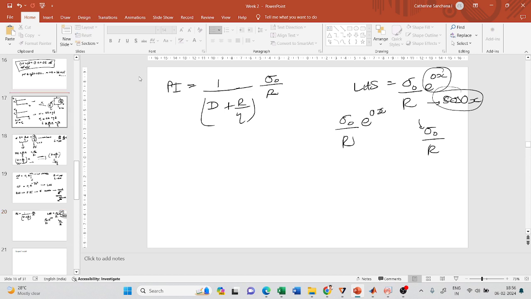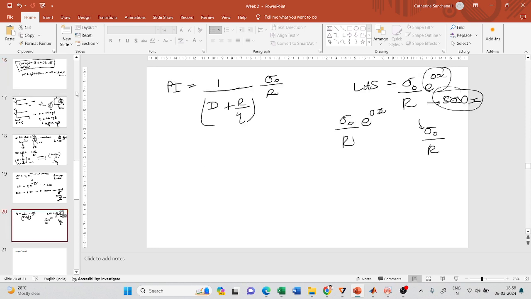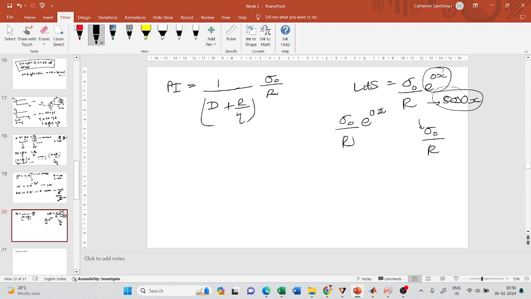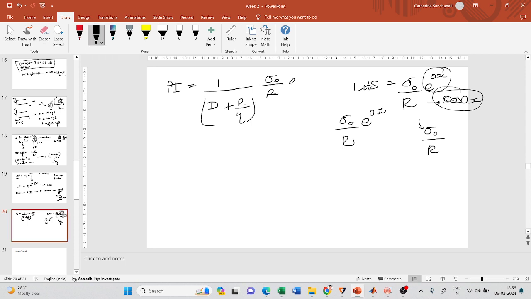So if it is an exponential function, this is how I will solve it. I will first write the factor in the denominator and write the entire function, the right hand side, here. Now in the place of D, I have to substitute a. And what is this a?